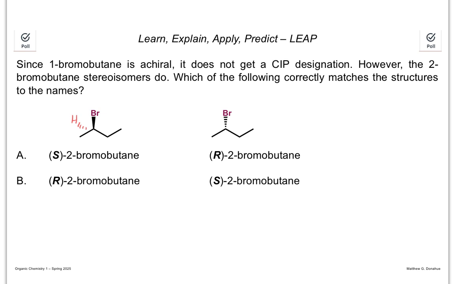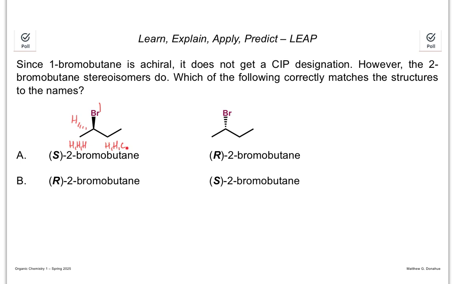So we have bromine, carbon, and carbon. Bromine's going to get top priority, 1. Now we have carbon and carbon. So which one wins? Let's just make a little note. H, H, and H. H, H, and C. So when we compare what's bonded to those two carbons, that has 3 hydrogens.